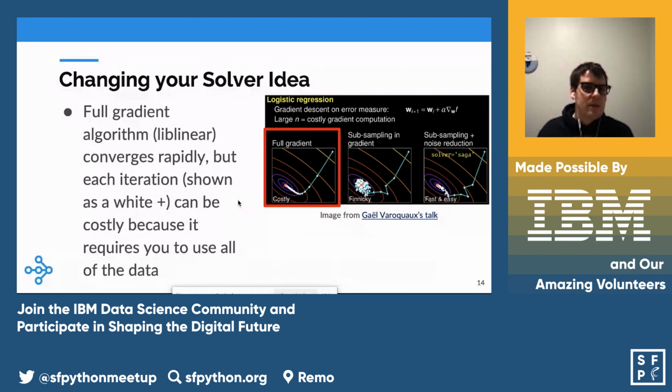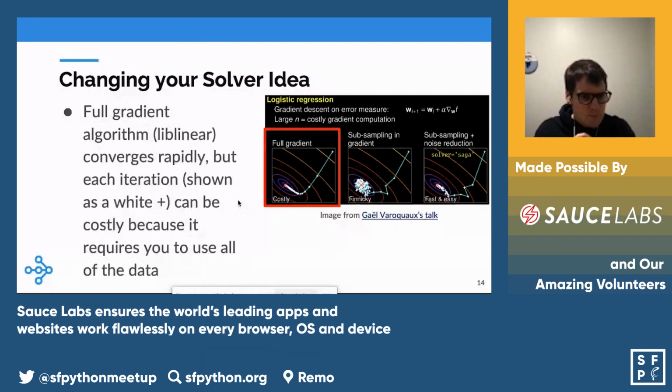This is a pretty costly gradient computation, because going through all your data is a slow process. Like anything, if you go through an entire stack of pancakes, it typically takes longer to eat than a smaller stack, unless you're in a food eating contest or something weird.